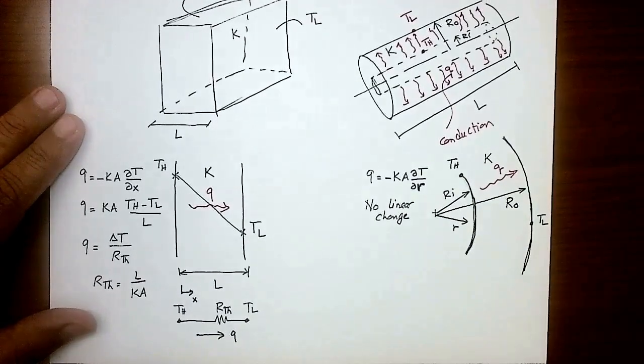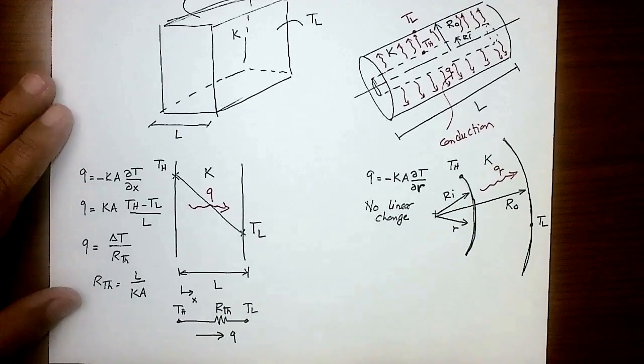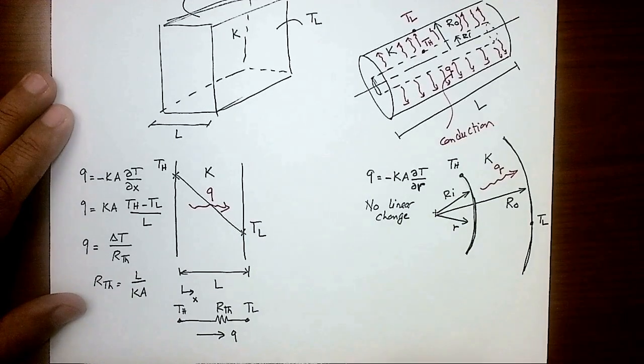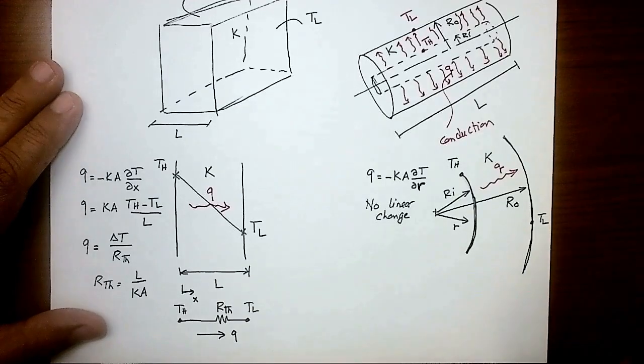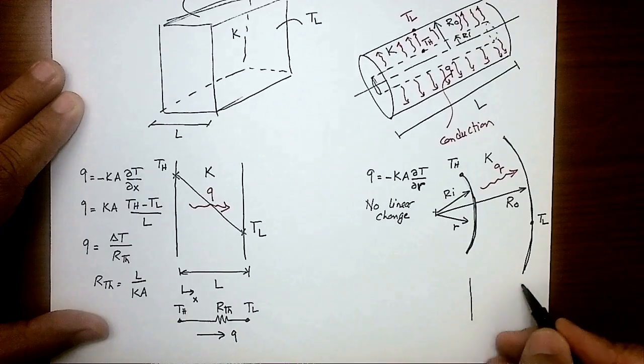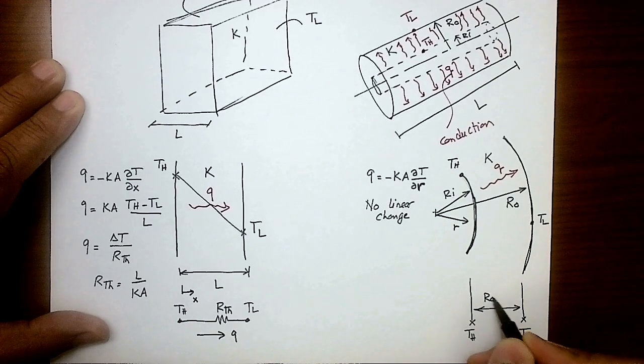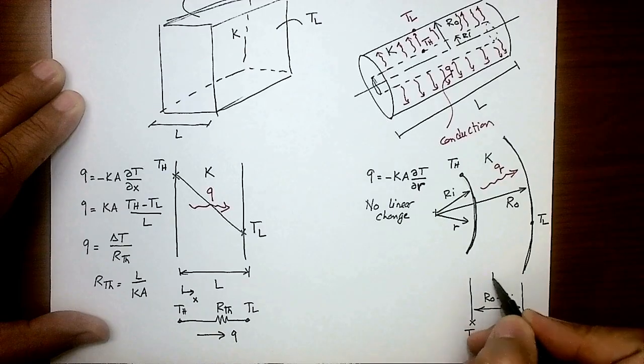We can prove that, but it's going to take too much time, and it's beyond the course content. One would say, hey, what if we assume this looks like a plane wall, and there is T_H in here, there is T_L in here, and the thickness here is the difference between R_O minus R_I, and this is K here.